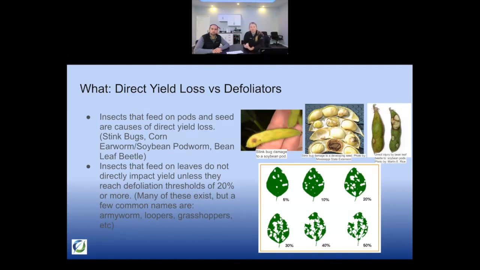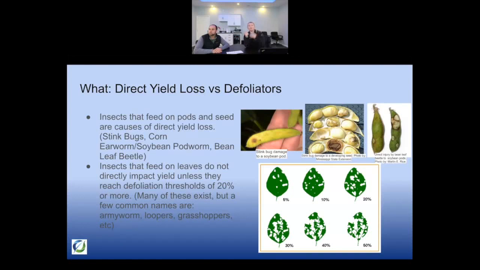And then the bean leaf beetle in the upper right hand corner there to point out some of the damage. In the very right hand corner, that's going to be typical bean leaf beetle soybean pod damage. The middle one is going to be our stink bug damage with a developing seed.